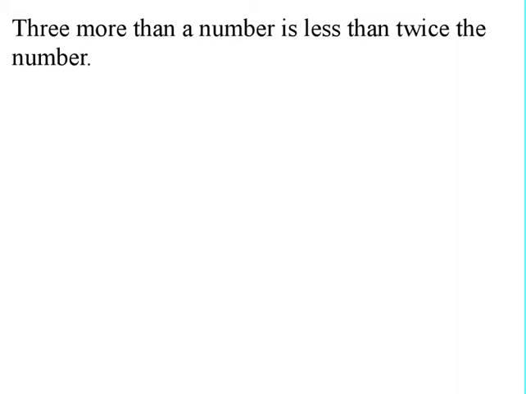Let's split this into two parts. I'm going to split this into 3 more than a number and twice the number. Those are my two parts that I'm going to write. So let's start. 3 more than a number. What would that be? 3 plus a.